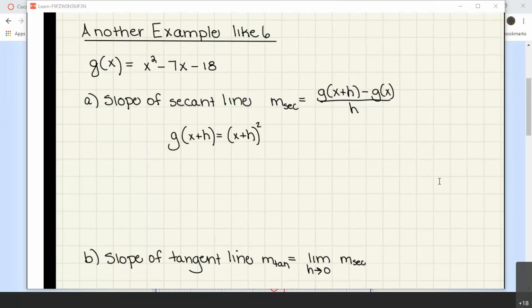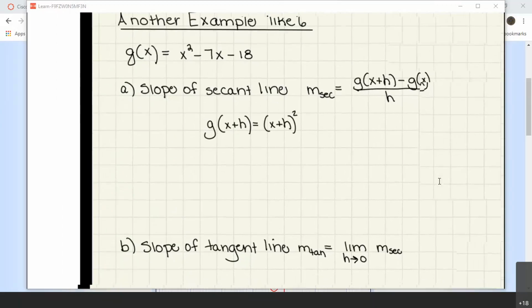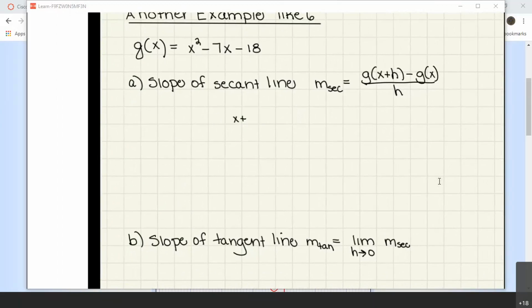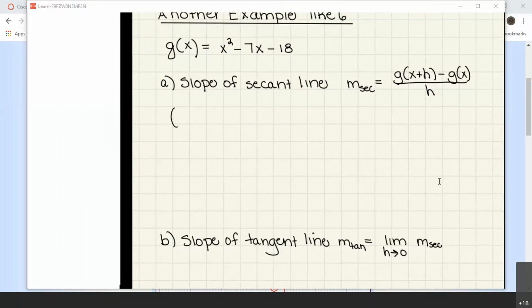So there's x plus h squared. I'm going to back up a little here, sorry, otherwise I won't have enough room. So this is g of x plus h: x plus h squared minus 7 times x plus h minus 18.